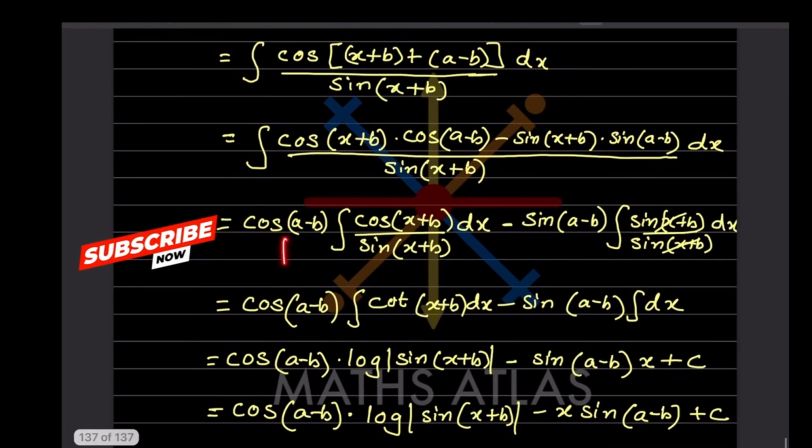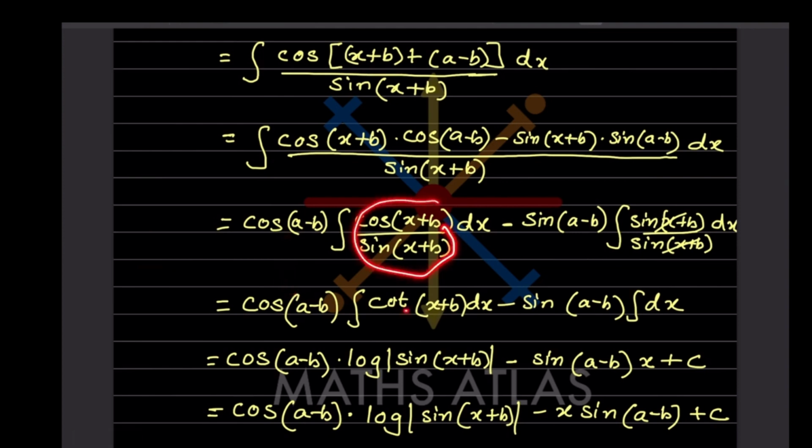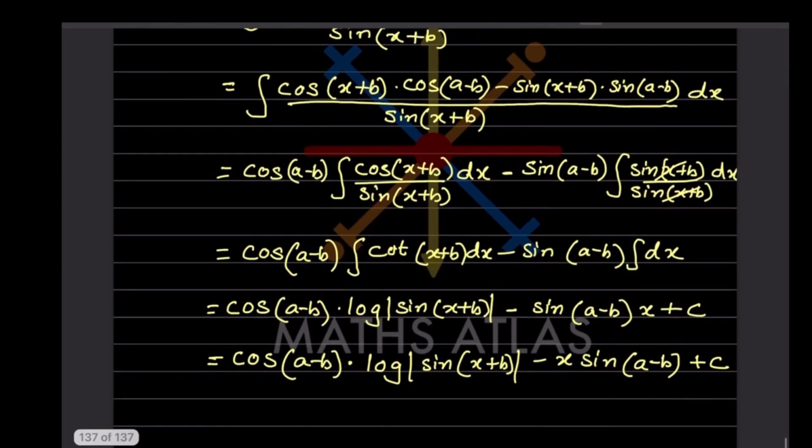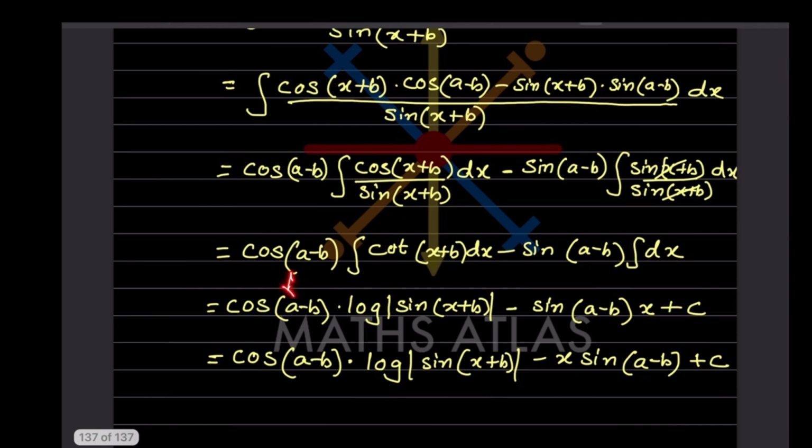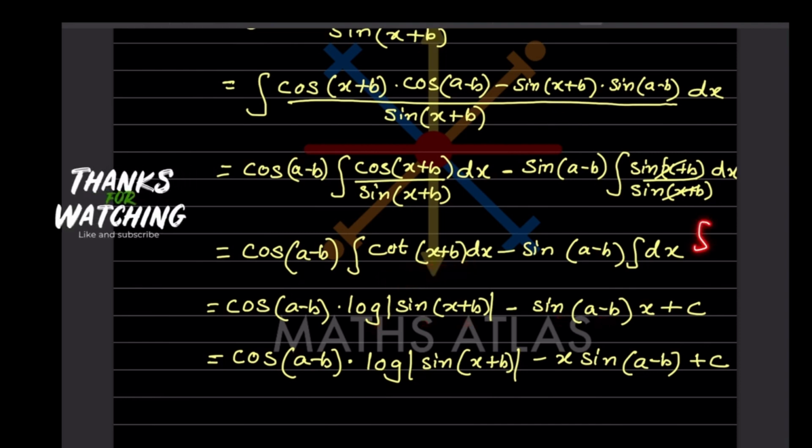This is outside, the same. Here cos by sin is going to be cot of (x plus b) dx. And here sin of (a minus b) is as it is, but this and this get cancelled, so only dx remains. Now this is cos of (a minus b), and the integration of cot of (x plus b) is log of sin of (x plus b), minus sin of (a minus b) times the integration of dx, which is x, that is 1 dx, plus c.